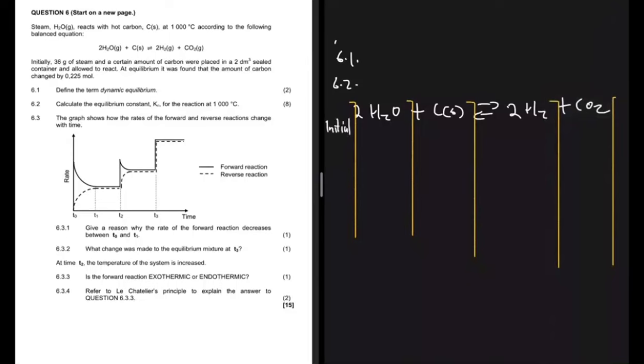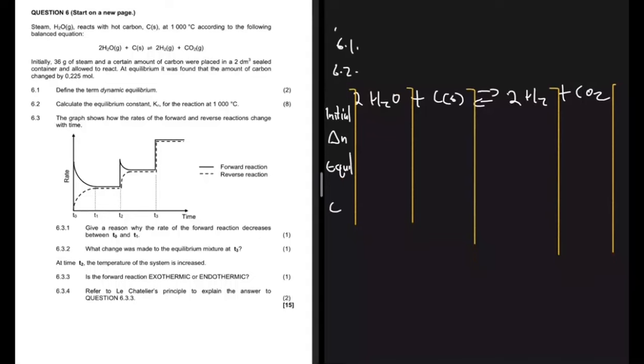And then after that, the change in the number of moles, then the number of moles at equilibrium. And then after that, we're going to determine the concentration so that we can calculate the Kc.